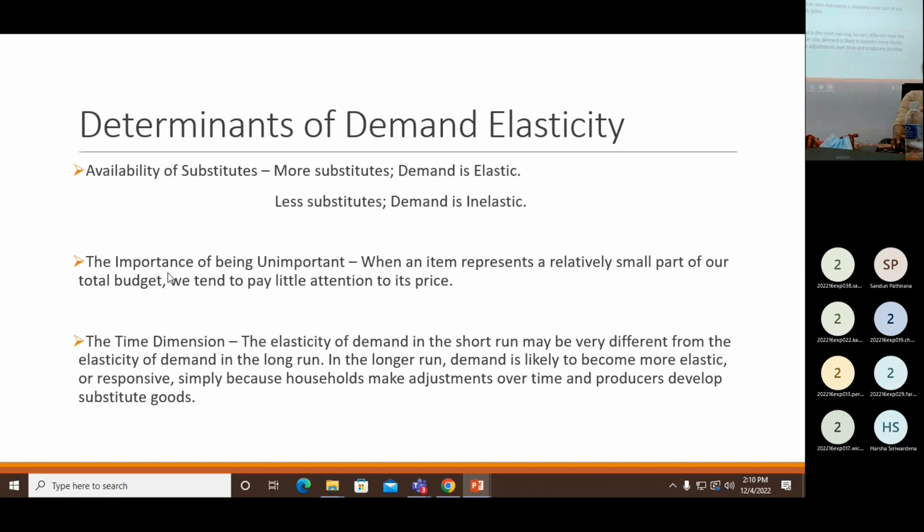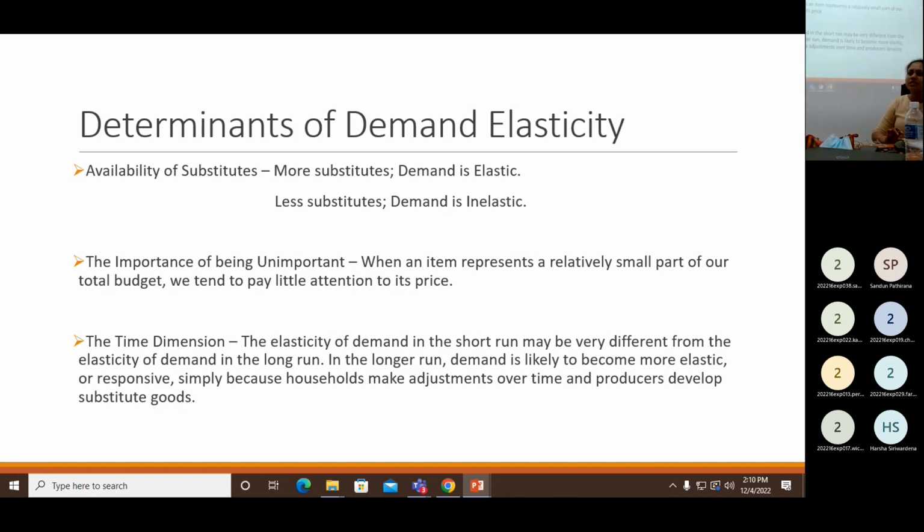The importance of being unimportant, in the sense that for a particular product, you pay a very small percentage of your total income, so it's quite negligible for you. Even if the price slightly increases, it's negligible to you.